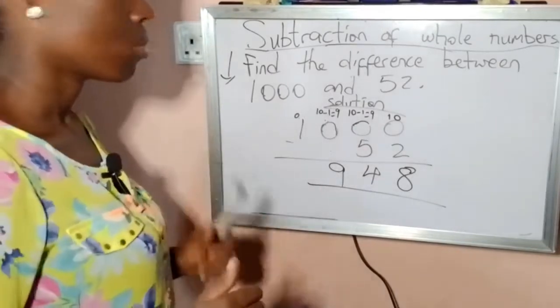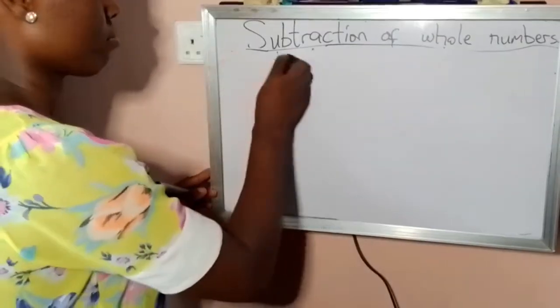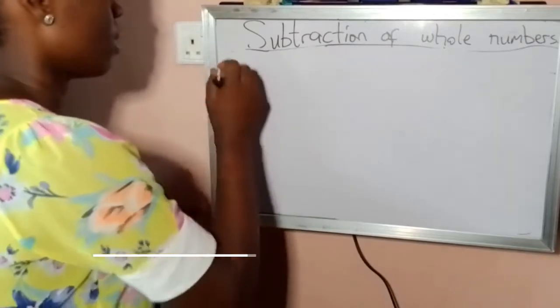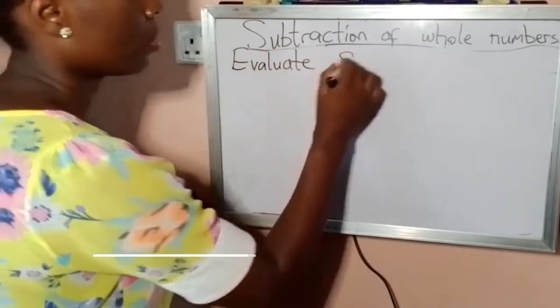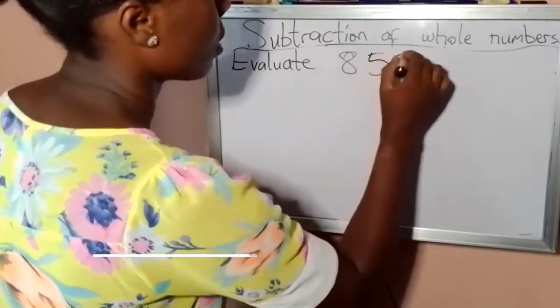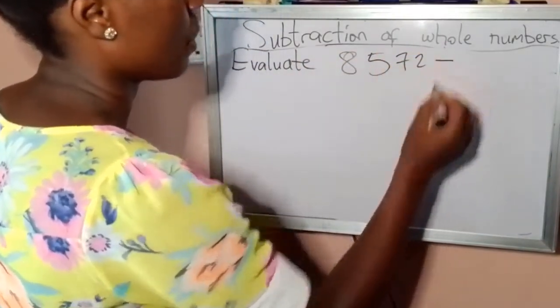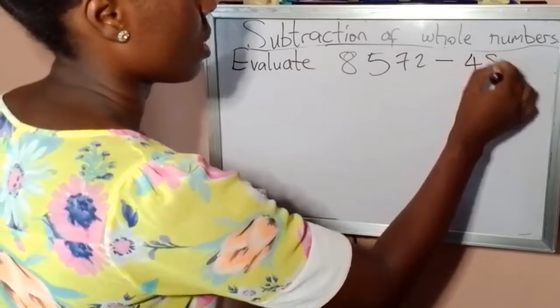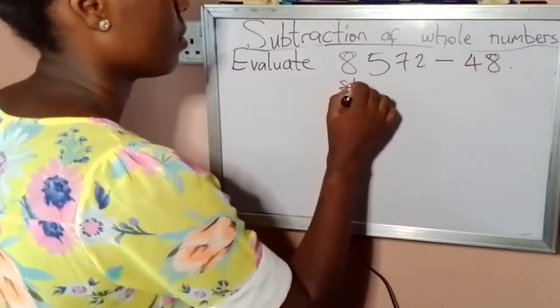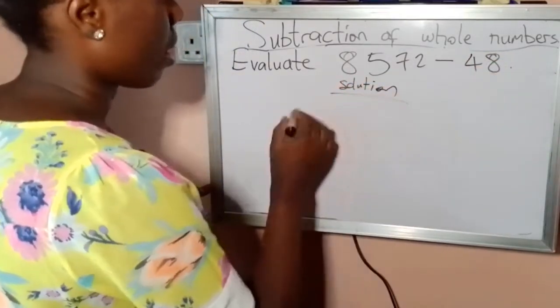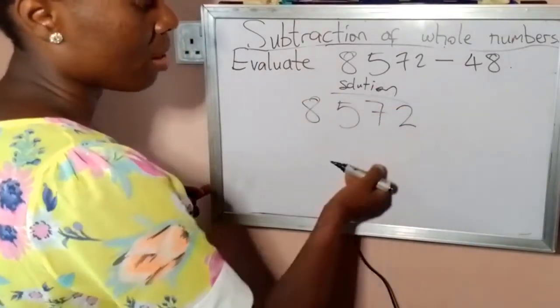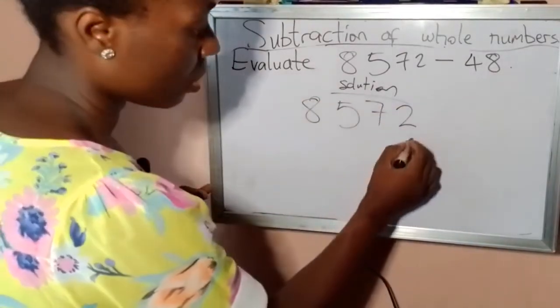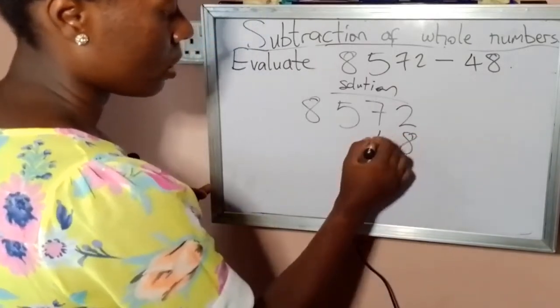Let's see some more examples. Evaluate 8,572 minus 48. Solution, we have 8,572. Remember, we always write our digits from the back. 8 will be in the unit position, 4 in the tens position.